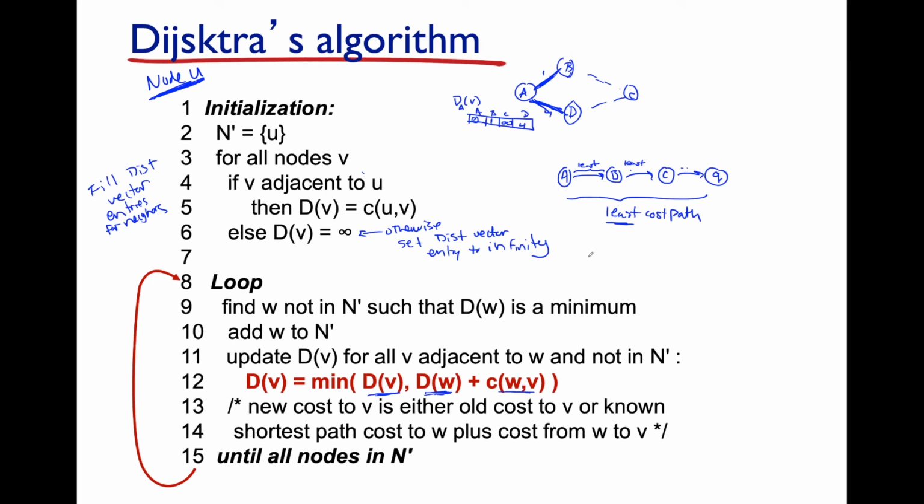So here I am at node U, right? I have my N', and I start out and I look at all of the nodes that are currently not in this N prime, such that it's the closest, its least cost path is closest.